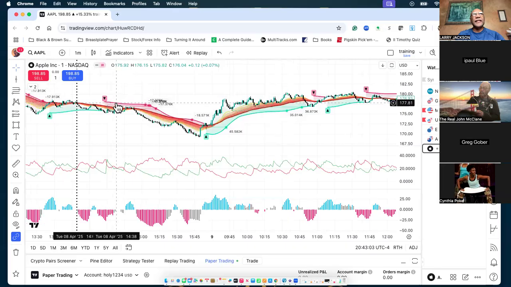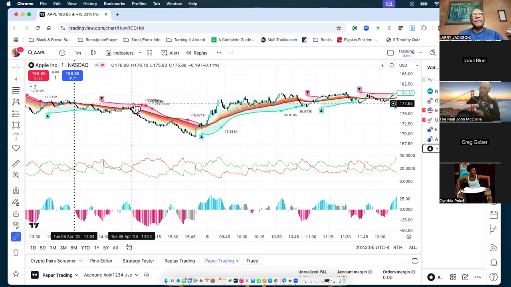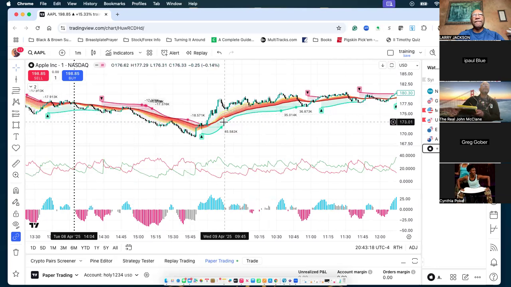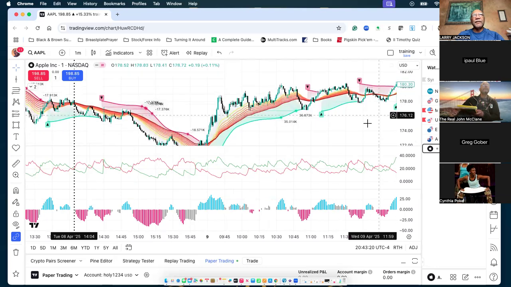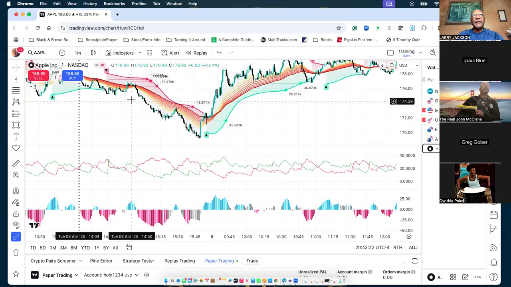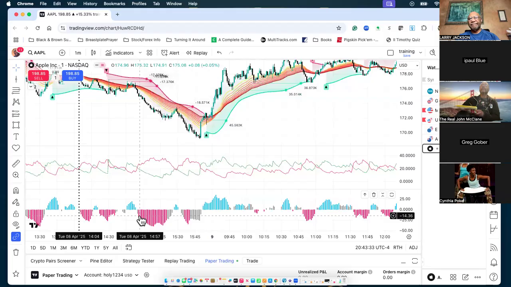Notice again, the volume trend meter is telling me it's bearish, and I break down underneath of the ribbon. Look at that. I got confirmation it's bearish. It breaks under the ribbon. I got the cross. I'm beneath the zero line. Hey, that's a trade, ain't it?